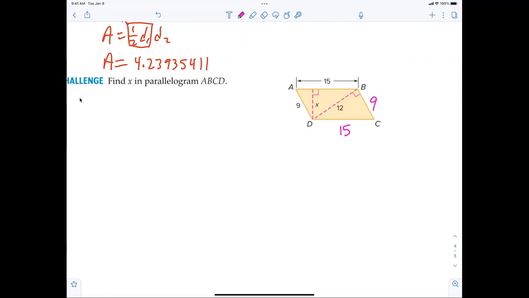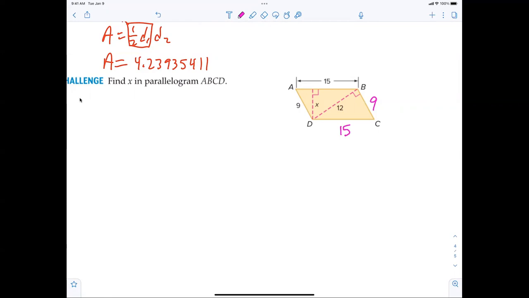So my question is, DCB and ADB, are they the same triangle? They're congruent triangles. Come on now, guys. It's not hard. Is that true? They're congruent triangles. Yeah. Right.